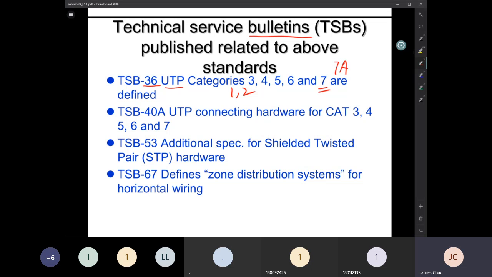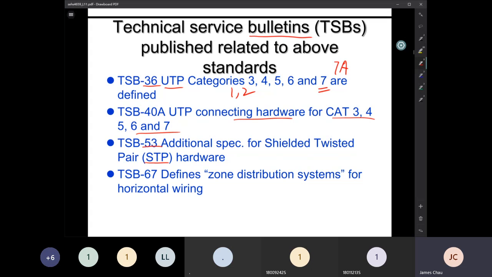And we have TSB40A. It is for the connecting hardware for Cat 3 to 7. If you are working with shielded twisted pair hardware, you may refer to the specification.